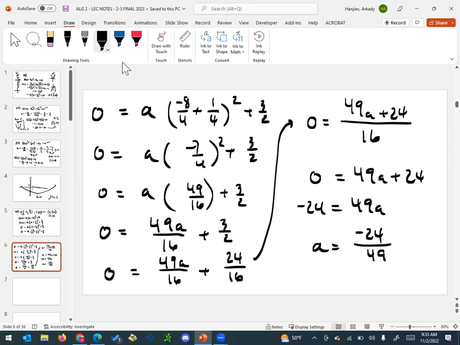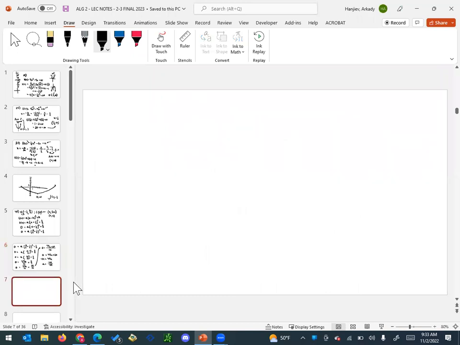Okay, gotcha. So right here, you can't do it yet. You'd have to move the 24/16 to this side first. You have to flip it, and then you can multiply it. So in order to do this, you divided by this whole thing, is that what you did? Okay, cool.